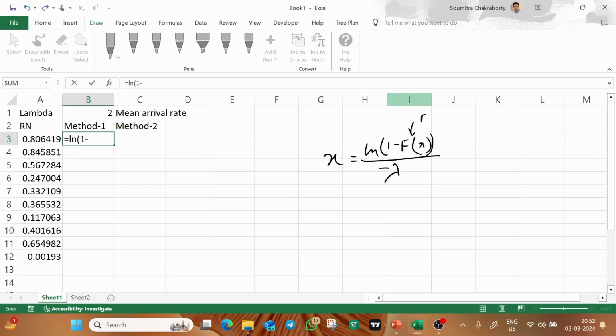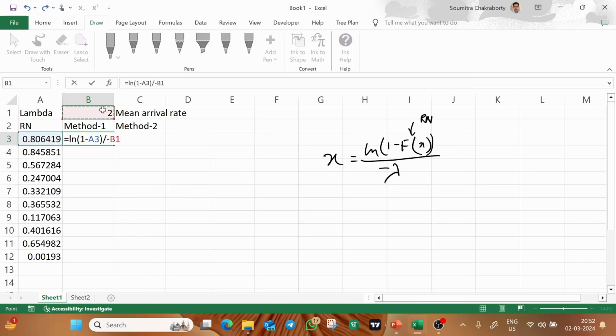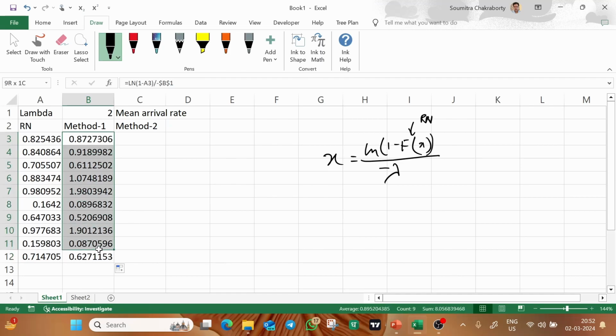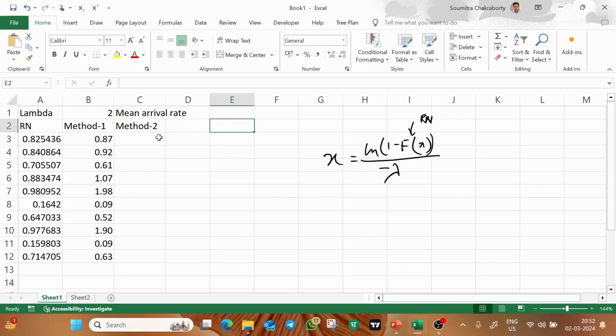So this is Rn. So we have our Rn here. So just enter this, then divide by minus lambda. So this is the complete formula. So these are the random variates we calculated for this particular exponential distribution with a mean arrival rate of 2.